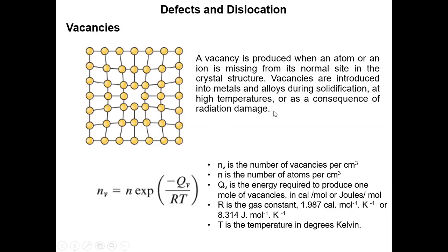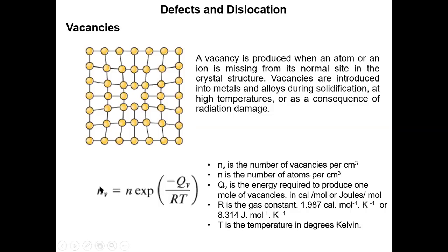Right? Usually in every material there are vacancies, vacancy defects, and those vacancies are sensitive to temperature. Right? So we can express the number of vacancies in a certain material using this equation.